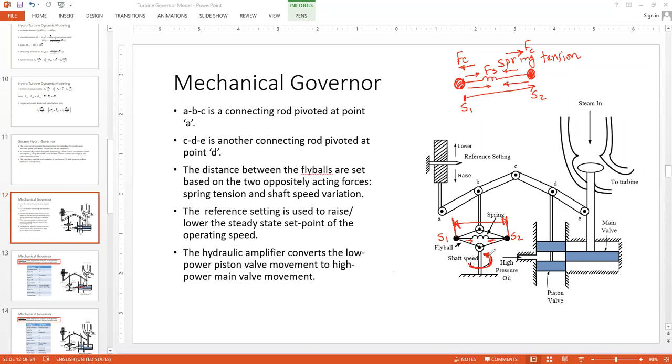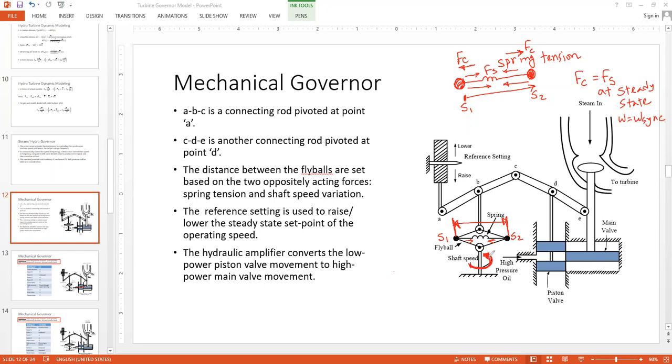As the shaft rotates, it creates a centrifugal force, and there is a balance: Fc equals Fs. This holds at steady state operation, not always, meaning when omega equals omega synchronous.